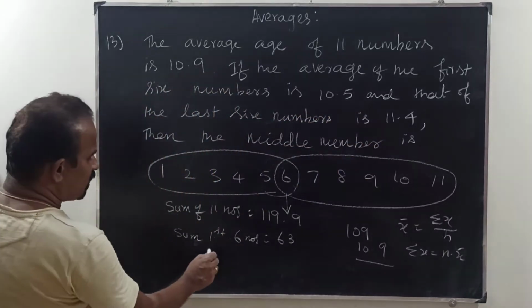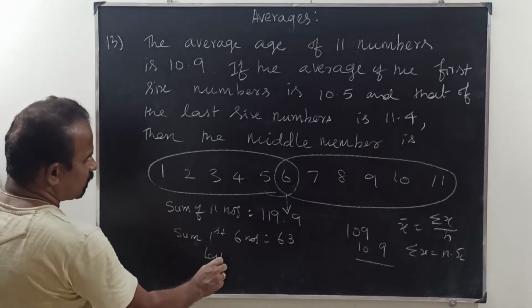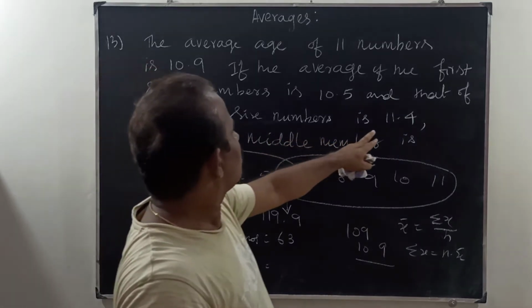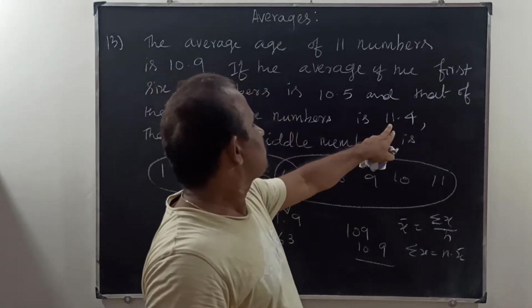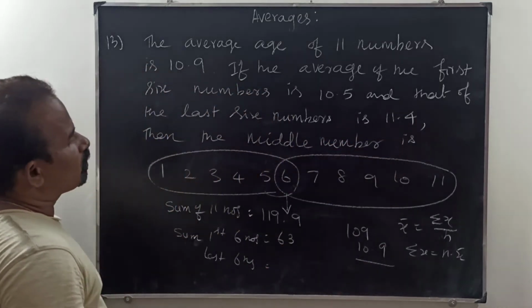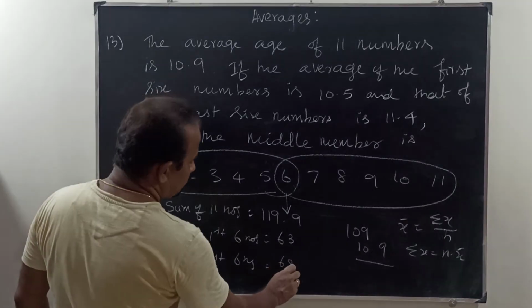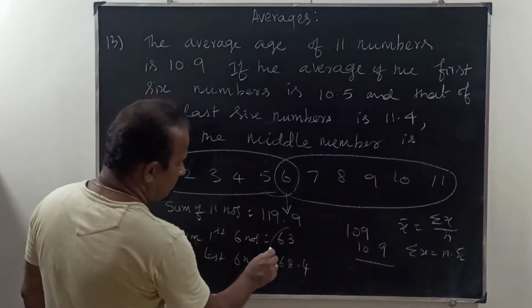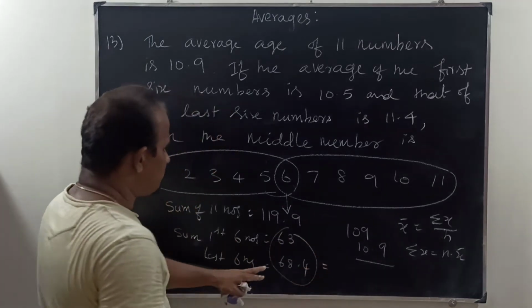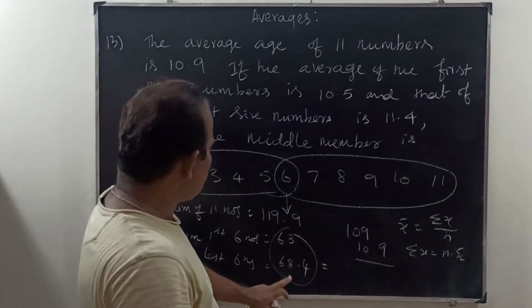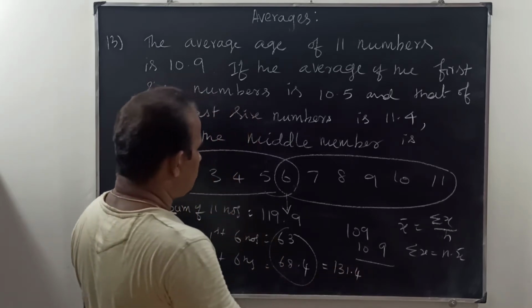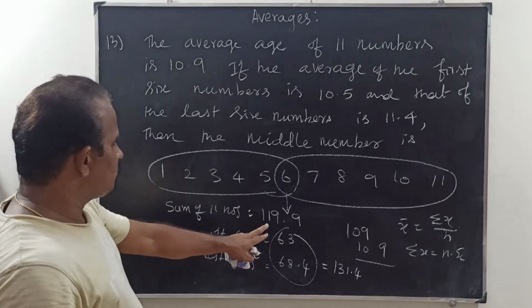The sum of the last 6 numbers is 6 into 11.4, which is 66 plus 2.4, so 68.4. Adding this and this, we get 131.4.